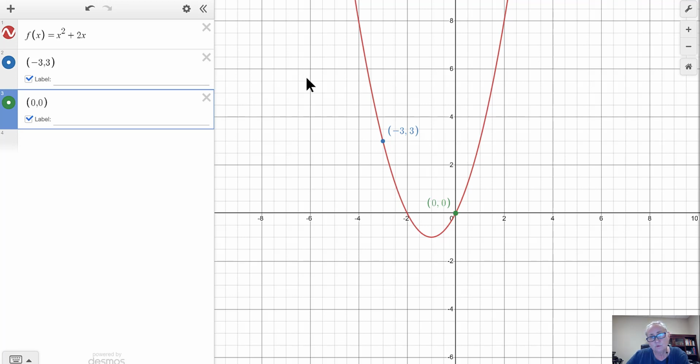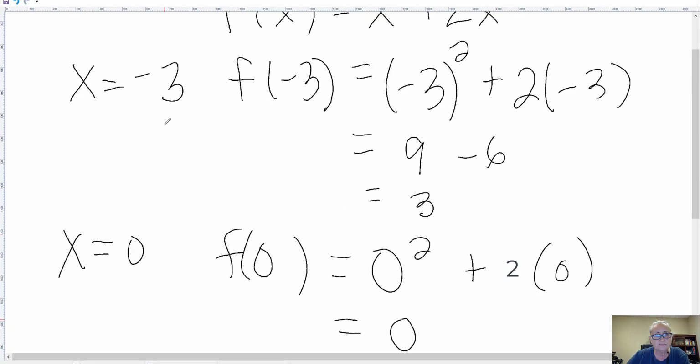Now, if I were to draw a line through these 2 points, that line would have a slope or a slant, just like all lines have. That would be the slope of the secant line. So let's create the equation of the line, so we can graph that. So what do I have? I have these 2 points.